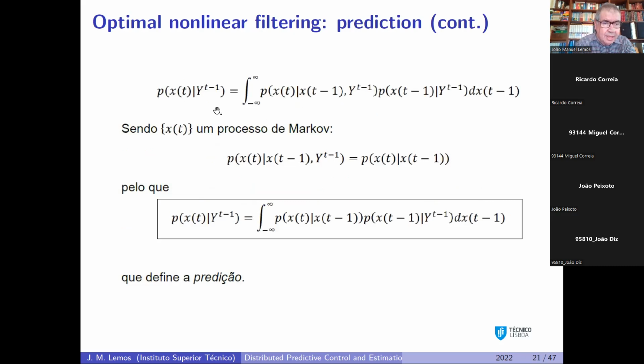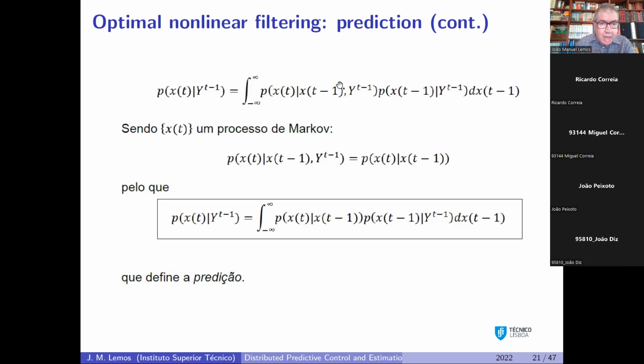So I repeated that expression here, and now I use the fact that xt is a Markov process. Look here inside the integral. If I condition x on xt minus 1 and the observations up to time t minus 1, the observations will depend on xt minus 1. It's already there, and then xt minus 2, xt minus 3, and so on.